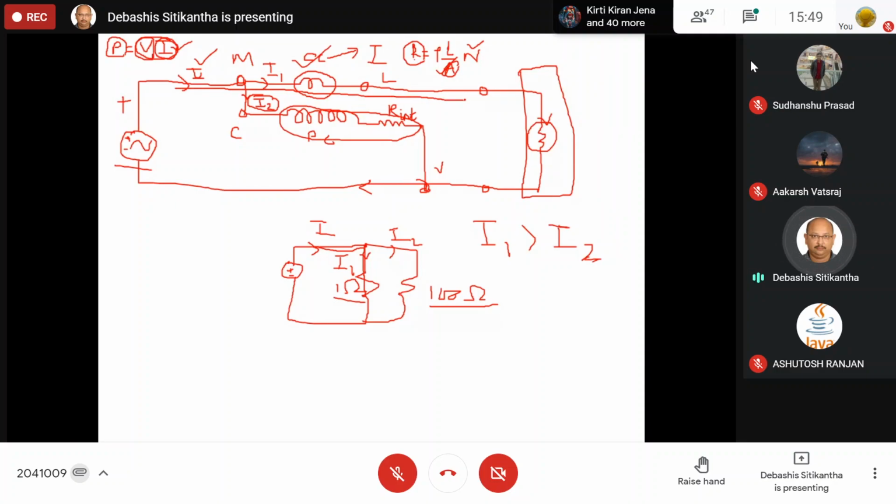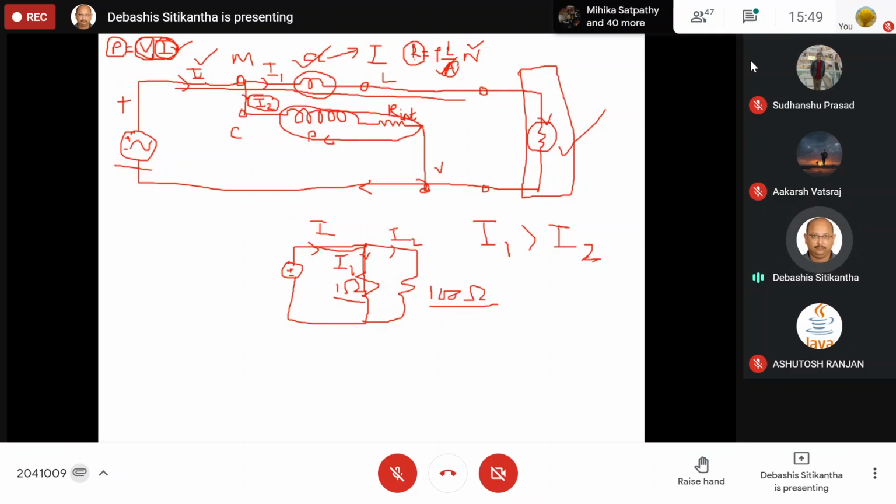So our idea is that all the current drawn by this load must pass through the current coil and not through the voltage coil or the pressure coil. For that reason, we knowingly make this voltage coil path highly resistive so that the current is very much limited.